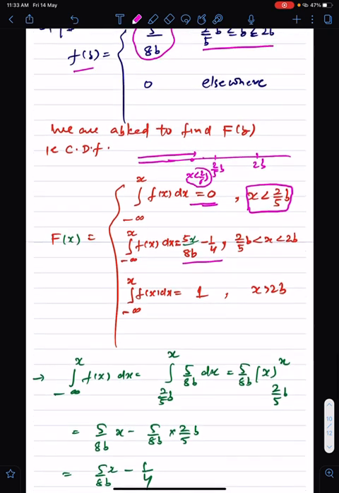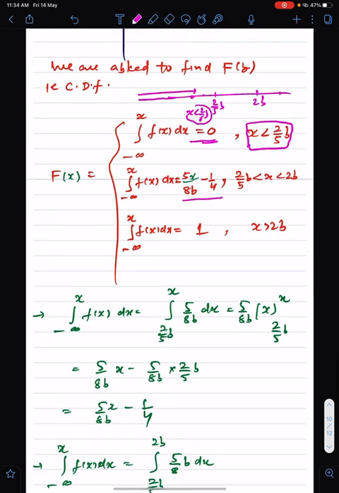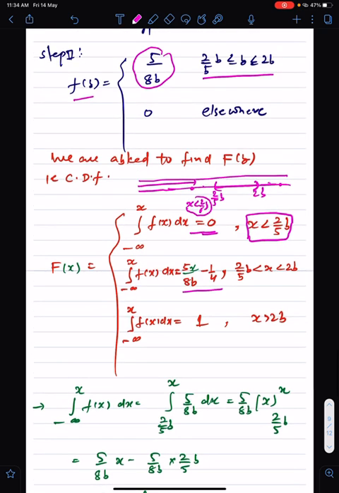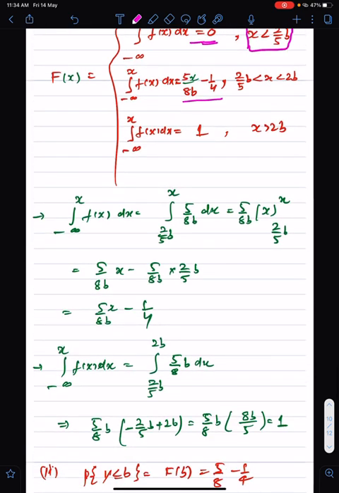If my x is greater than 2b, then from minus infinity to here, the function is defined only in this interval, not in this. So if x is greater than 2b, you will get 0. But in this domain from 2 upon 5b to 2b, the function is defined like 5 upon 8b. So I've just calculated that as well.